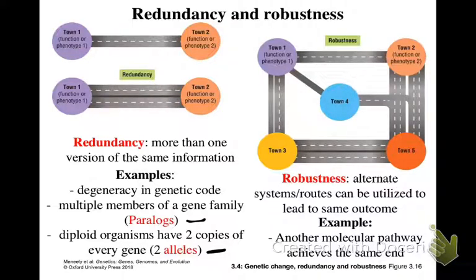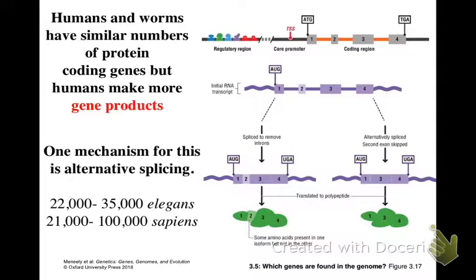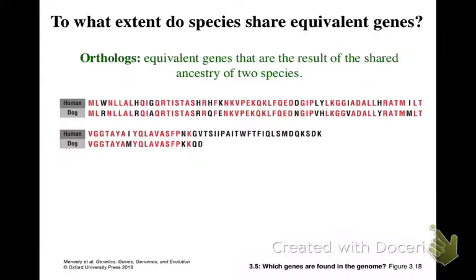I think redundancy is a far more important concept, and happens a lot more often. Alright, and then alternative splicing to make multiple gene products. Like I think I mentioned in class, 22,000 genes and 35,000 proteins versus 21,000 genes and 100,000 proteins in Homo sapiens. Big difference there.